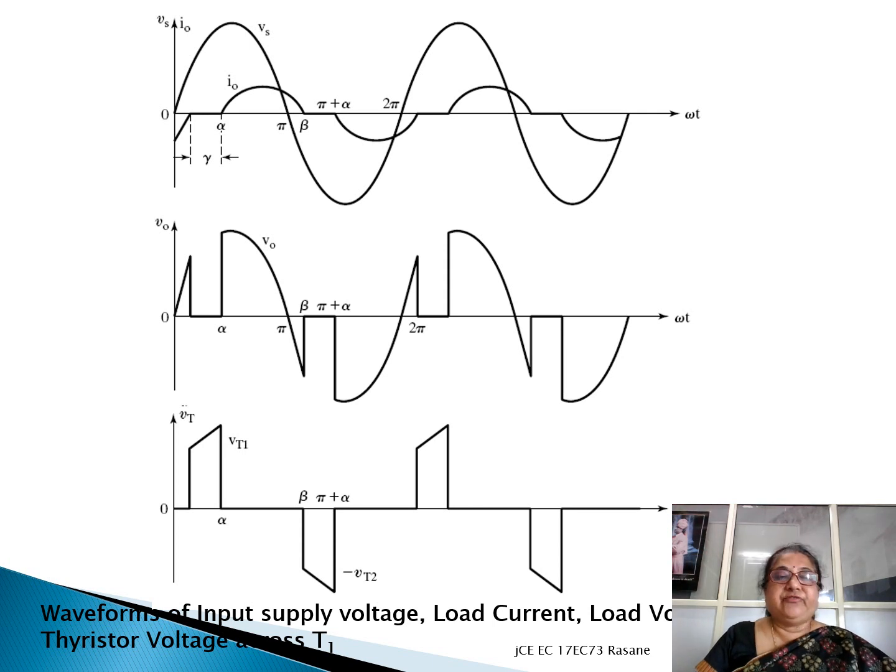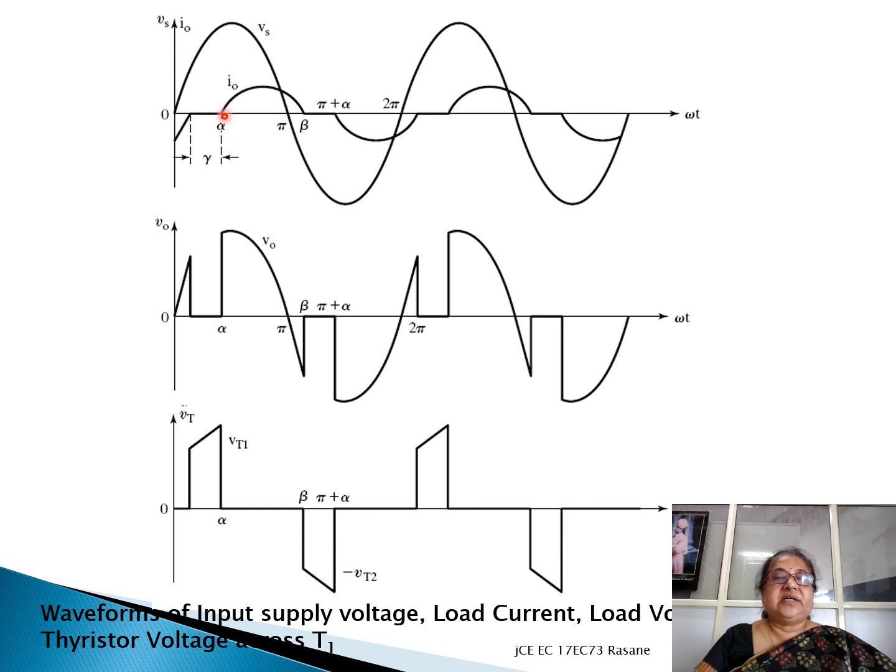So these are the waveforms. Let us look into these waveforms again. This is the input supply that is being given to the circuit, and this is the load I have explained. T1 will be forward biased here, T2 will be forward biased here, and when T1 is forward biased, it is triggered at an angle of alpha.